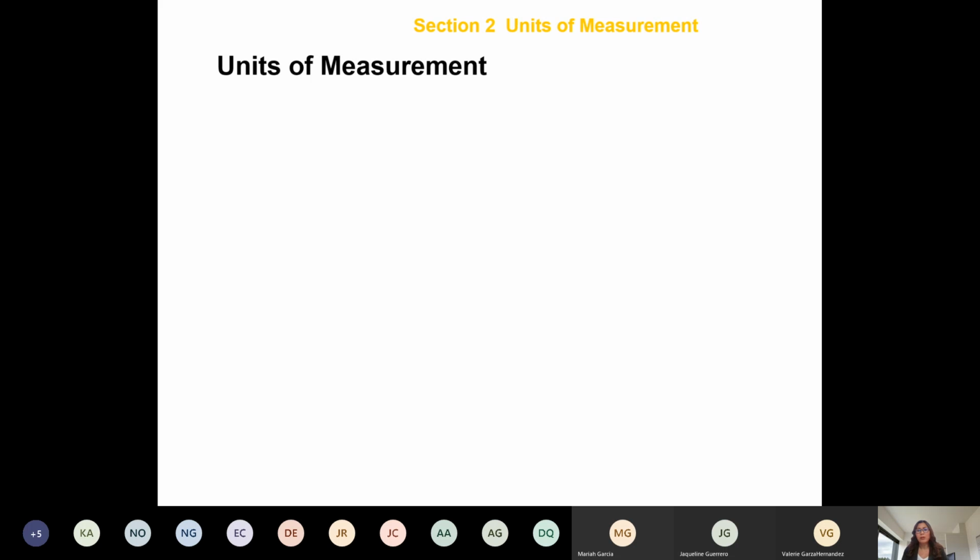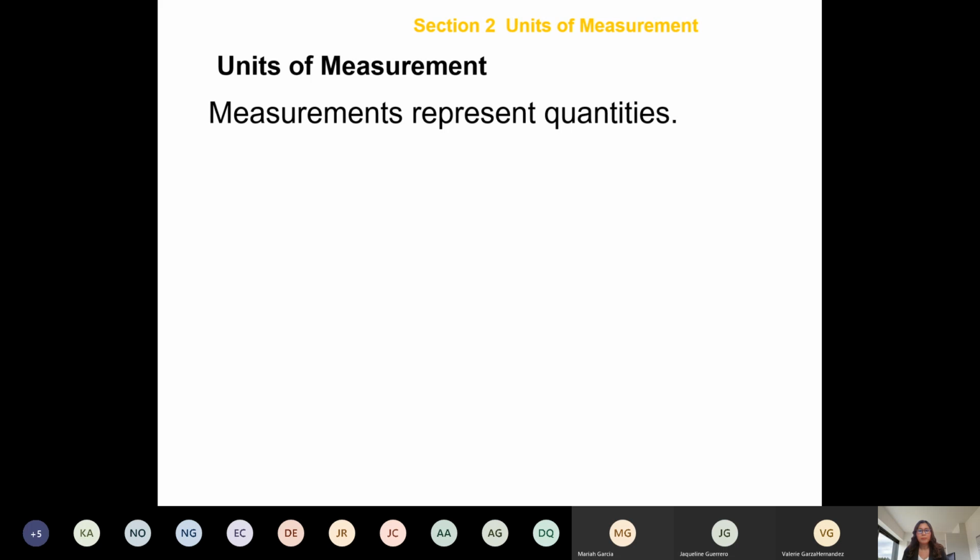Let's begin with units of measurements. So in your notes, go ahead and type it in. Measurements represent quantities. So a measurement is not the same thing as a quantity. It's always a representation of a quantity. For example, time. What measurements do we use to measure time?